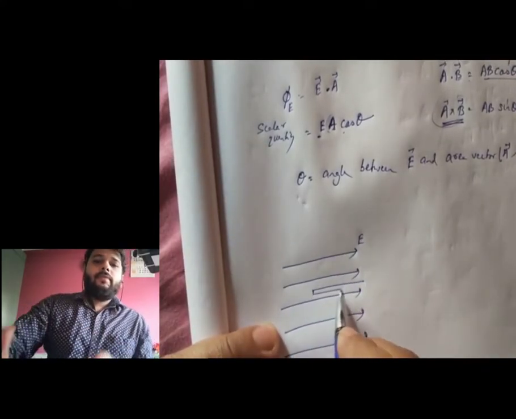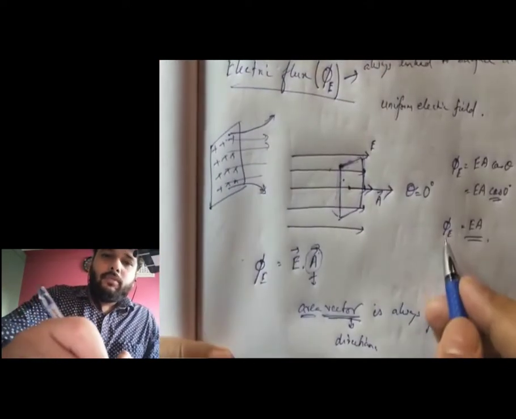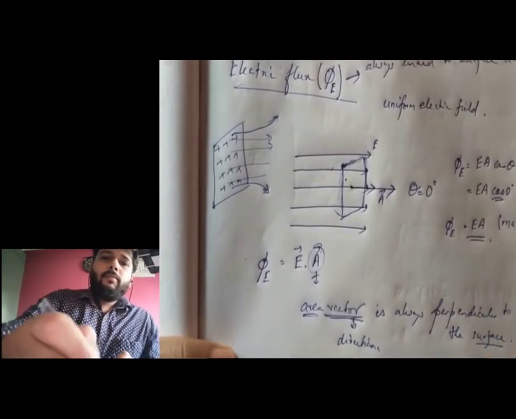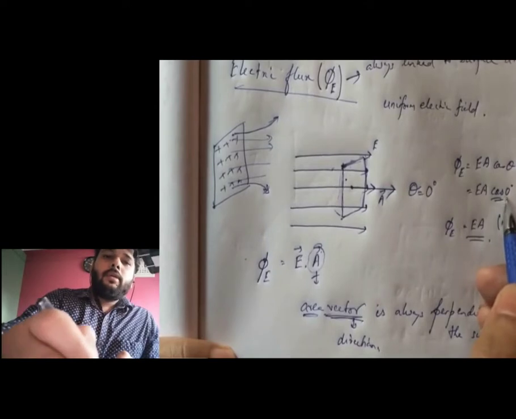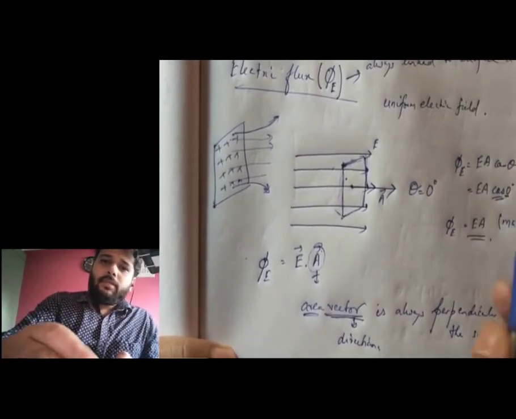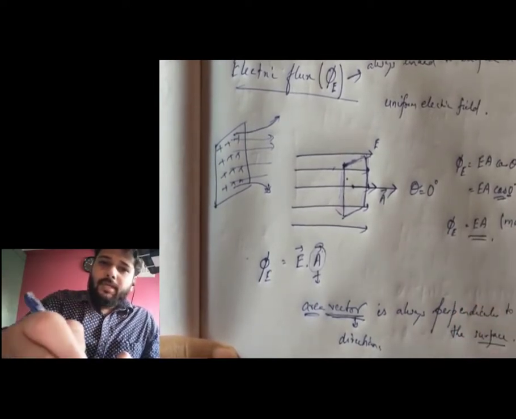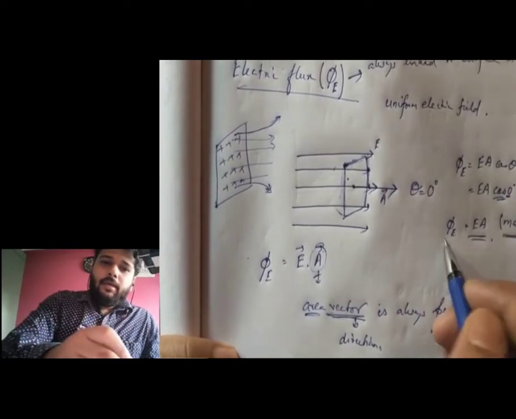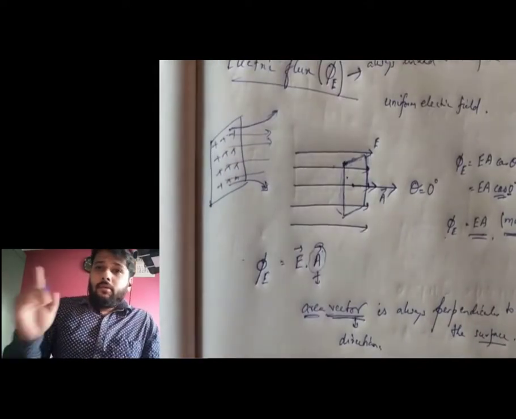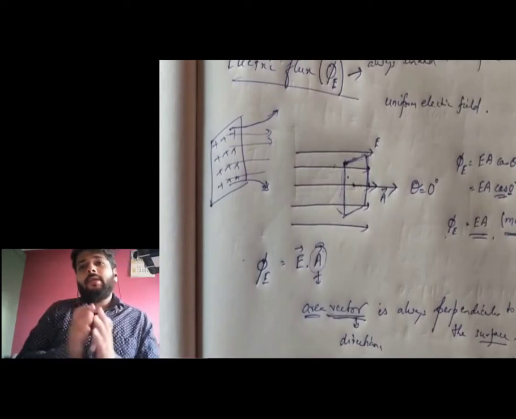Always remember here the electric flux is maximum. Why? Because cos 0 degree is 1, and this is the maximum value of cos theta, so we call EA maximum. So for getting maximum electric flux, the area vector and electric field should be along the same direction.